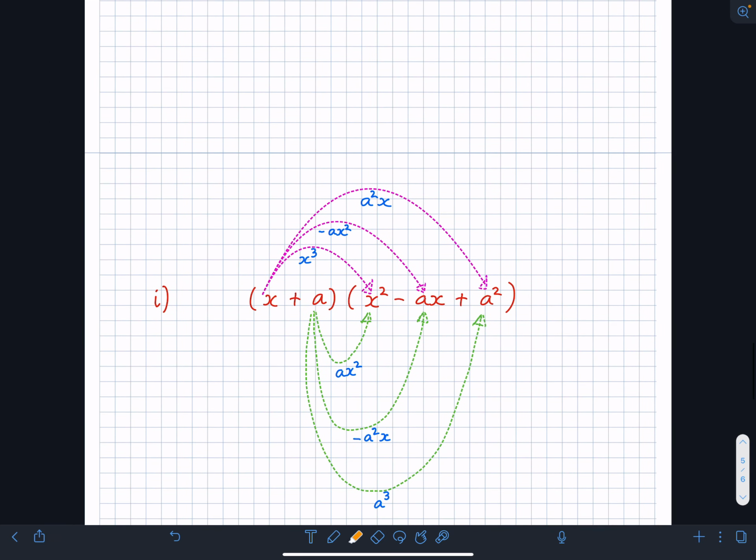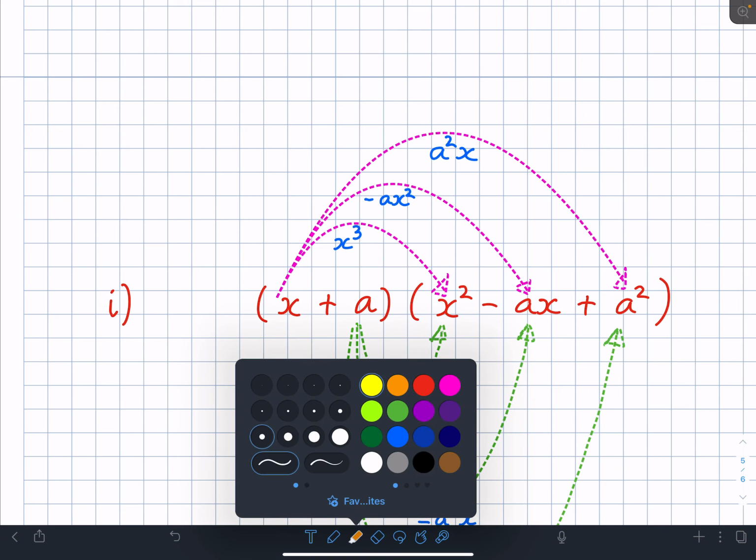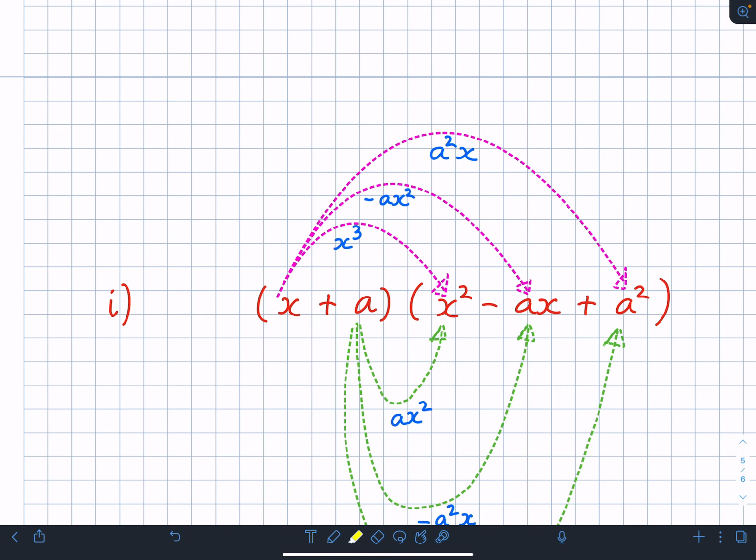Finally, let's look at question I. So question I gives us x plus a in brackets multiplied by x squared minus ax plus a squared. So we want to have x multiplied by x squared will give us x to the power of 3.